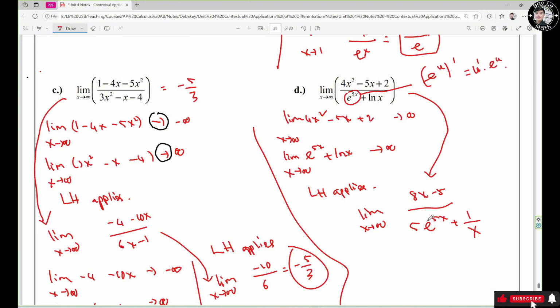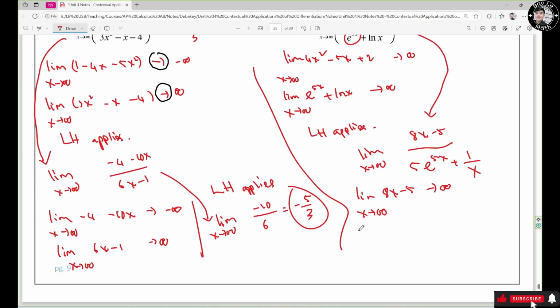Now we're going to check this one to see if it has an indeterminate form one more time, right? So the limit of 8s minus 5 when s approaches infinity is infinity, right? And the limit of 5 times e to the 5s plus 1 over s when s approaches infinity is going to be another infinity, right? So L'Hopital's rule applies one more time, right?